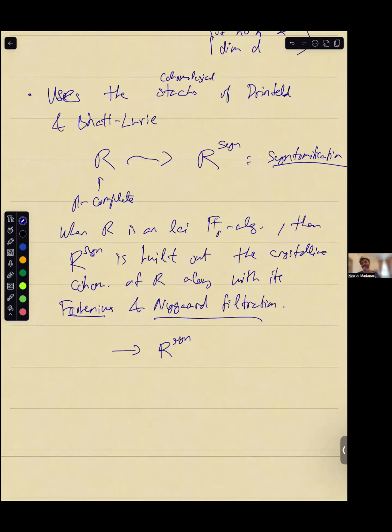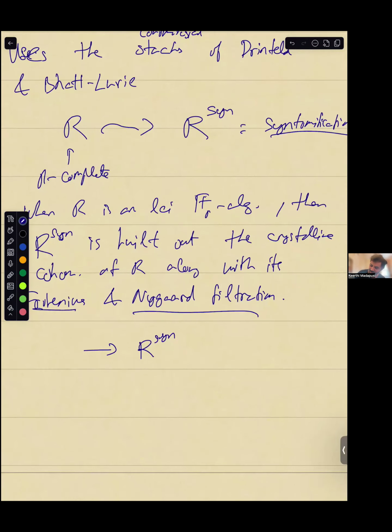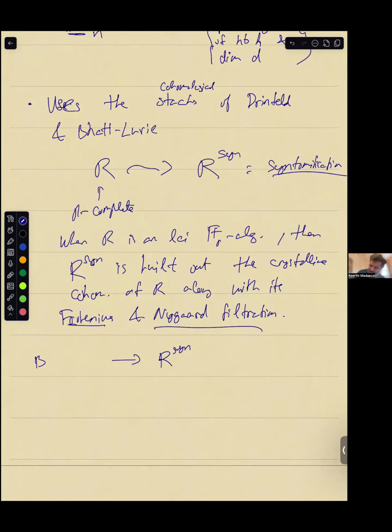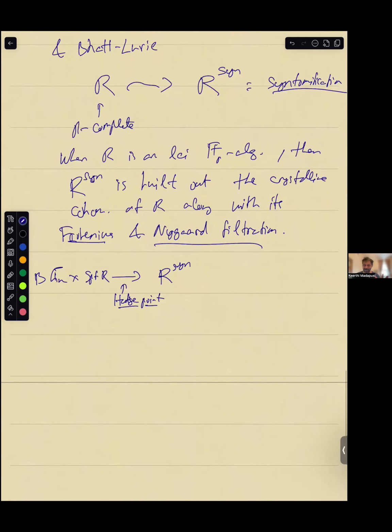In particular, it knows about what's called the Hodge cohomology, which is the associated graded for the Hodge filtration on de Rham cohomology. A way of stackily encoding that is that there is a map from BG_m to the syntomification. So this is what's called a Hodge point.